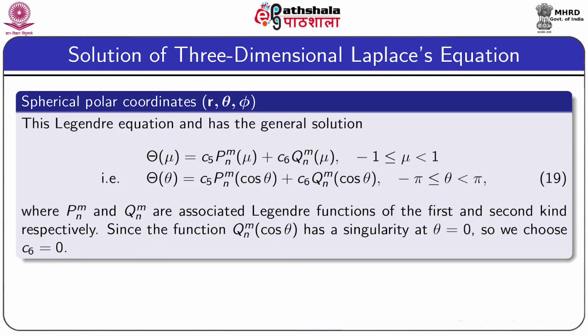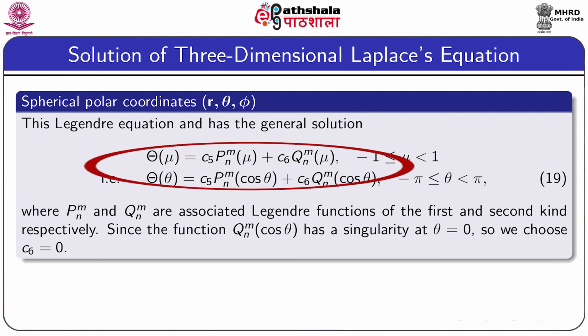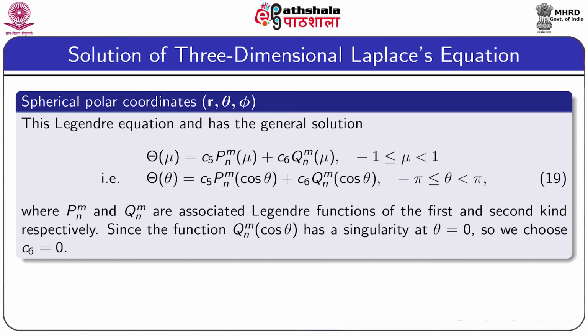Therefore, the solution can be written as a linear combination of two associated Legendre functions, Theta of mu as C5 P n m of mu plus C6 Q n m of mu, where P n m and Q n m are associated Legendre functions of the first and second kind respectively. In terms of theta we can write the function in this way, which is written in equation number 19.